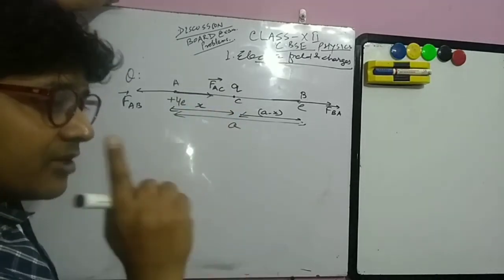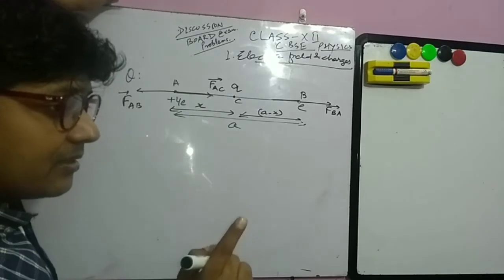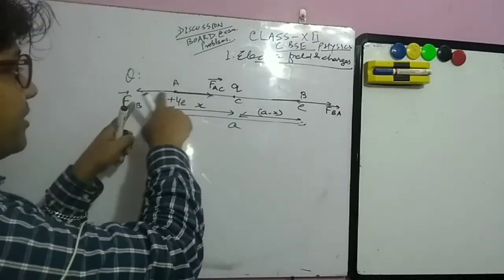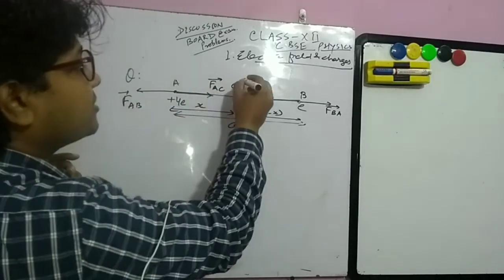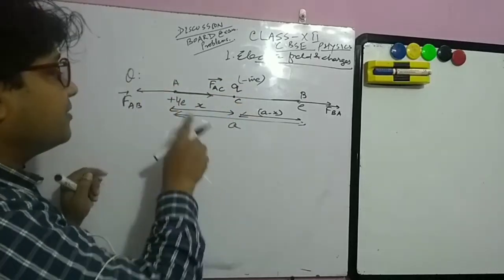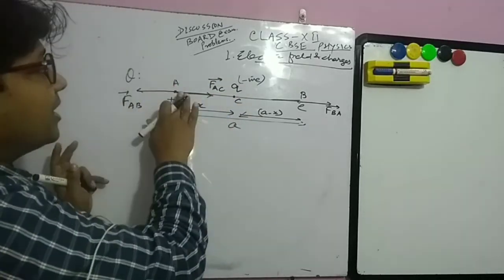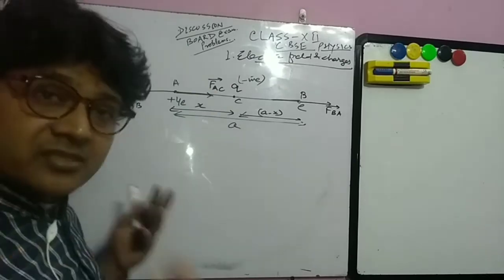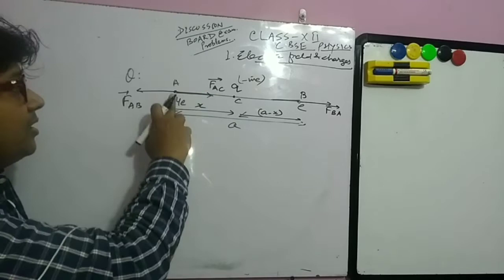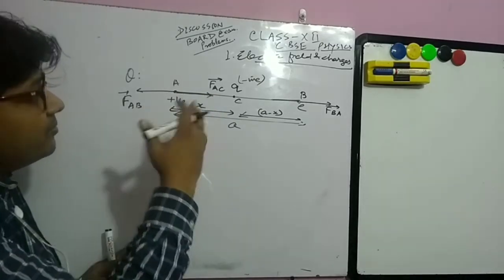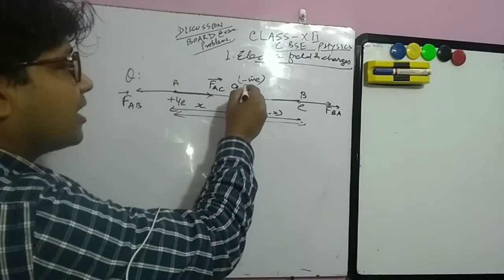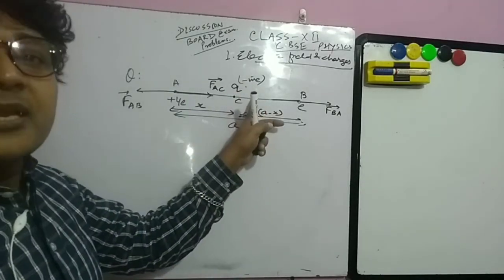So one thing we have to keep in mind, to get balance these two forces, Q must be negative. If this Q will be negative, only then we can say that FAB and FAC will be in balanced condition. It is very simple. FAB and FAC will be in balanced condition only when this charge is going to be negative charge.